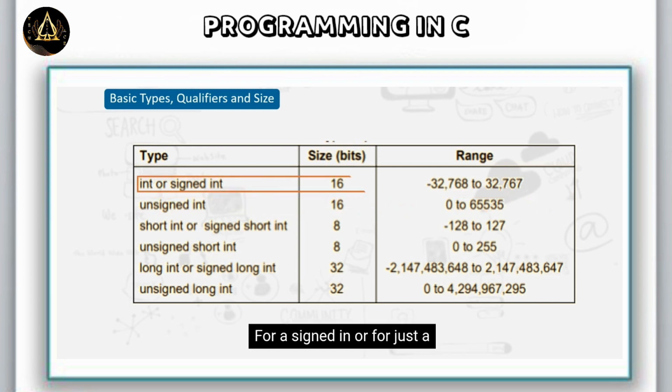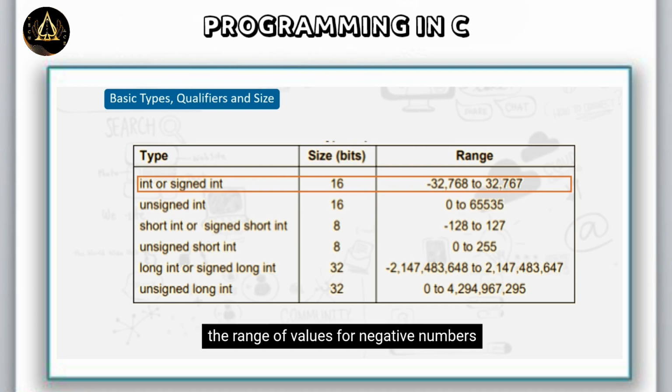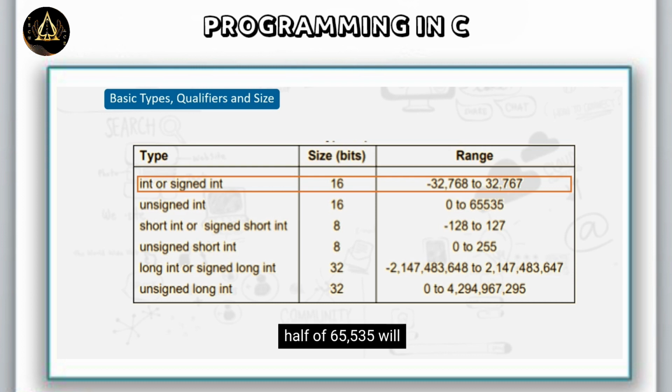For a signed int or for just a normal int, it can be both. It will have the range of values for negative numbers as well as positive numbers. So half of 65,536 will be the negative range of values, and half will be the range of positive values.